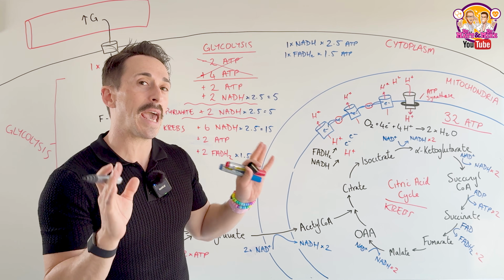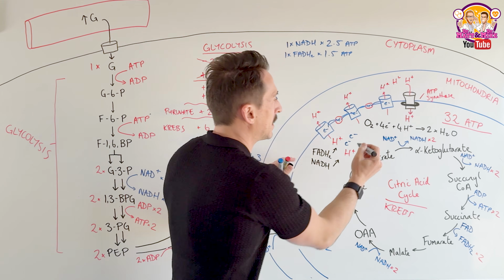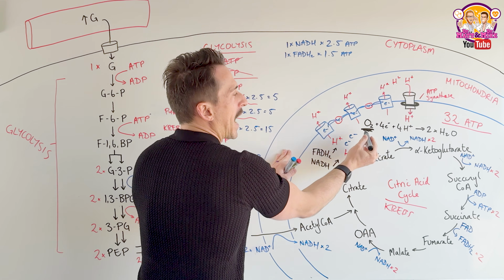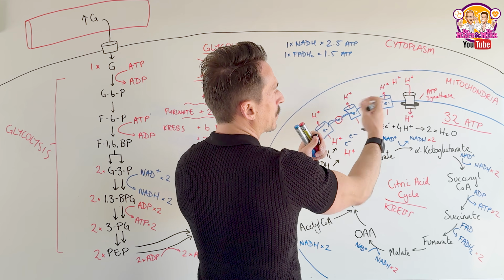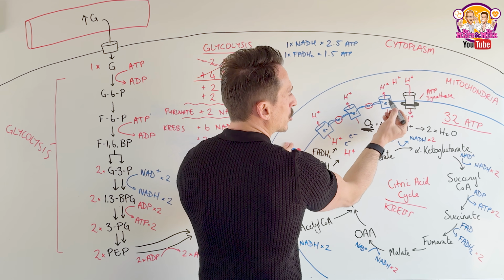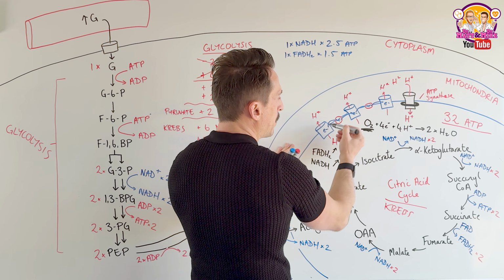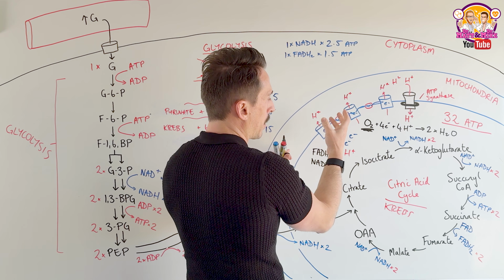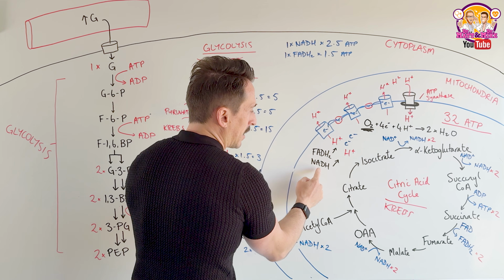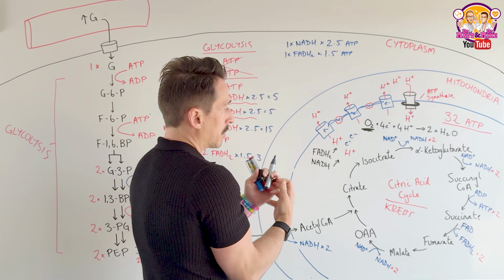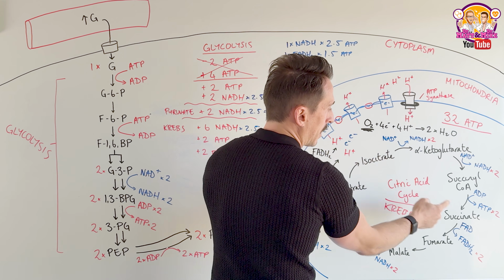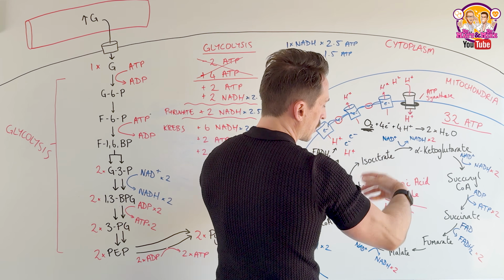Now, this is why it's called aerobic respiration. This is so important. Without enough oxygen to take the protons and the electrons from the electron transport chain, the electrons will back up. And if they back up, the protons won't get pumped. If they don't get pumped, the NADH and FADH2 will be holding on to them. And if they hold on to them, they don't regenerate their NAD+ and FAD, which means the citric acid cycle backs up.